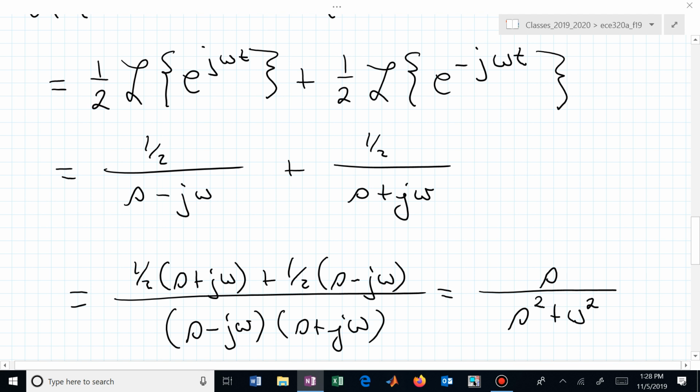And we're left with the Laplace transform of cosine omega t is s over s squared plus omega squared. If somebody now asks, what's the Laplace transform of a cosine? Hopefully now you feel a little bit better about saying, that's s over s squared plus omega squared.